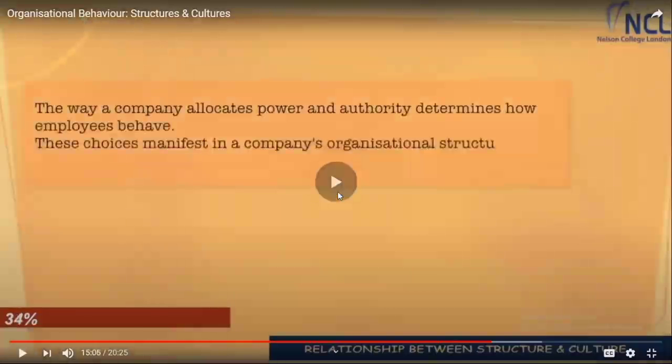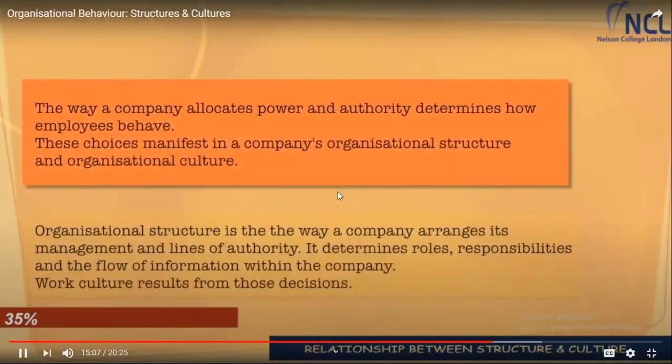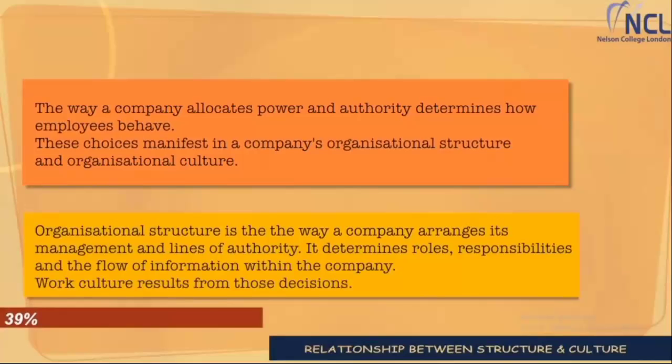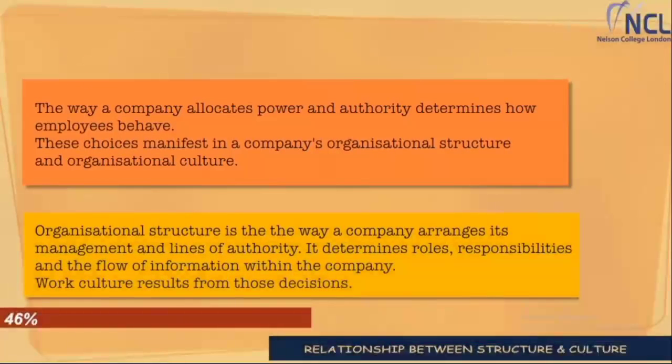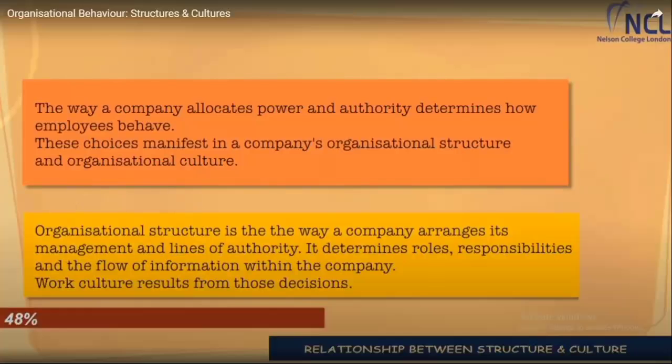The way a company allocates power and authority determines how employees behave. These choices manifest in a company's organizational structure and organizational culture. Organizational structure is the way a company arranges its management and aligns authority. I want to believe we get that. Organizational structure is the way the company arranges its management and line of authority.